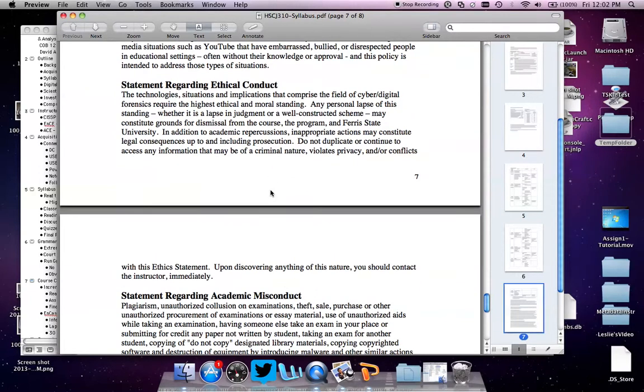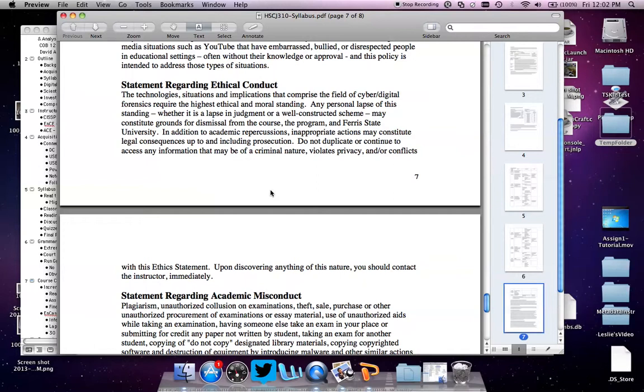It is also important for you to understand that within this field, we do not like to see folks learn information here and then use that information to, in essence, go dark. That has happened. We do tend to watch for that, and we do discuss individuals if they appear to be going down that path. I strongly recommend that you don't do that. If anything is done of a criminal nature, or any acts that violate privacy or create conflicts with the ethics statement, you should contact the instructor immediately if you witness that.